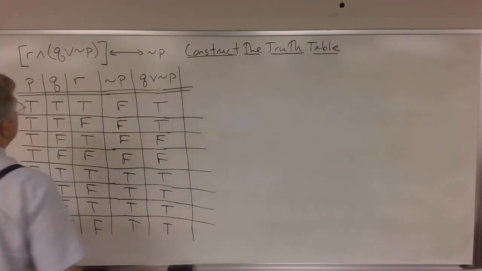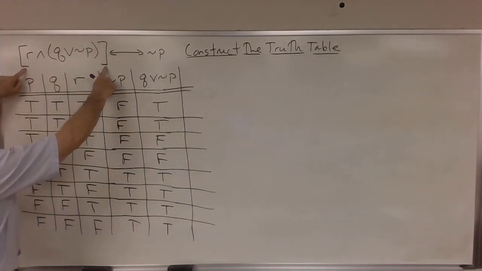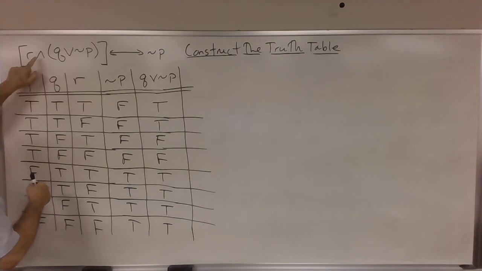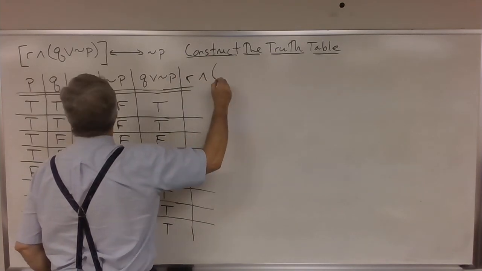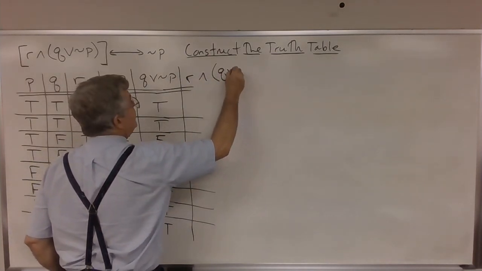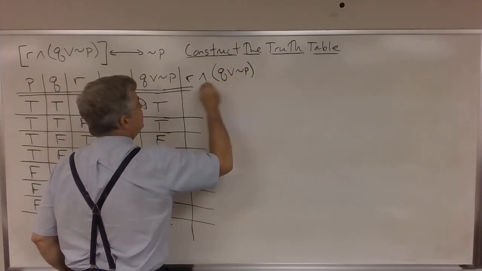Okay. Well, I guess we continue to do what's in the parentheses, or in this case, the square brackets. We want to do R and this statement. R and Q or not P in parentheses.